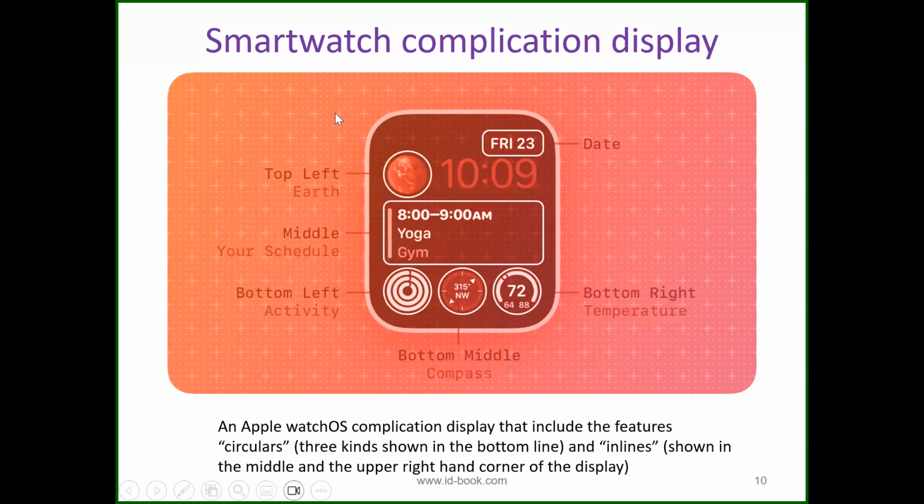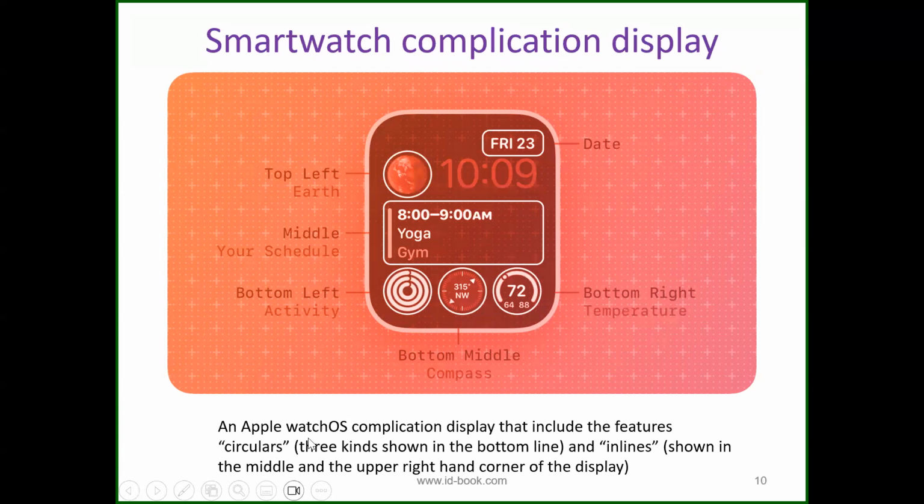Here is another example, of a smartwatch. It's a kind of complicated display, wherein the whole screen is divided into three parts. The first part consists of the date, day, and the Earth icon. The middle is the place wherein the schedule of the user is displayed, and the bottom of the screen is occupied by different activities: bottom right displays the temperature, bottom left displays the activity, and in the middle the compass is there.